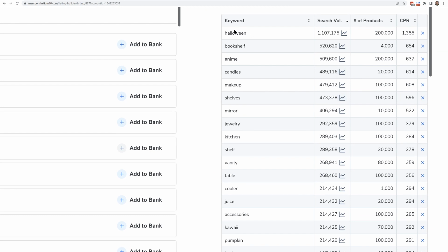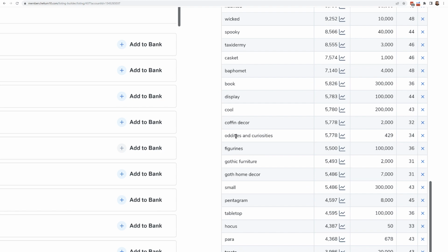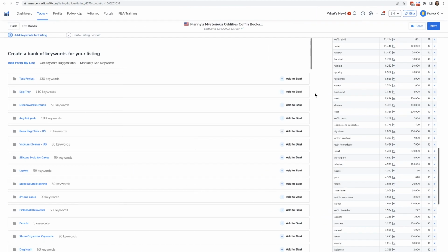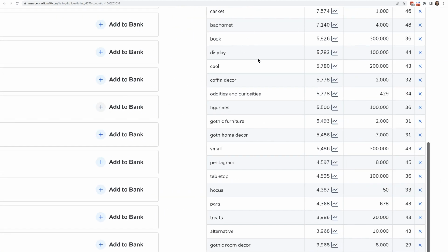You'll see here, I have a lot of my individual keywords: Halloween, bookshelf, candles, jewelry, vanity. But then my most important phrases I actually threw in here too: coffin decor, goth home decor, gothic furniture. If you do it like this, and remember, you need to have Frankenstein in order to have this, I put in my top 15 phrases directly from Cerebro to here, but all of these individual keywords, the way I was able to get these keywords is because I ran Frankenstein on it.